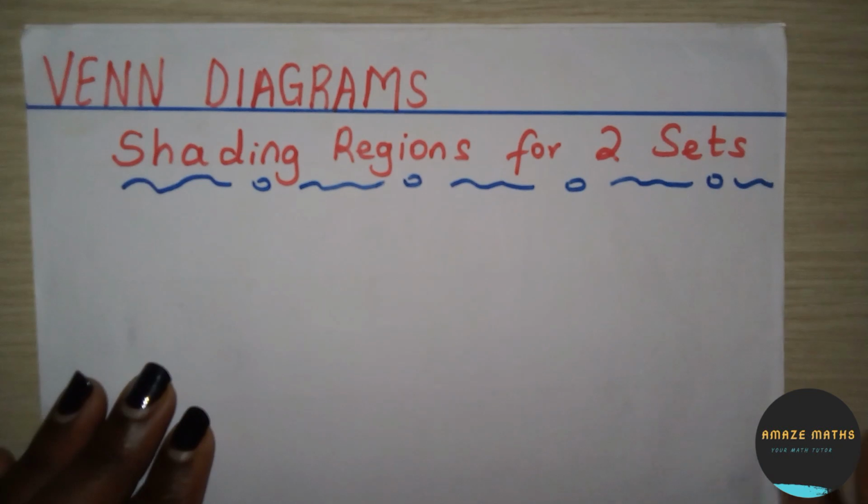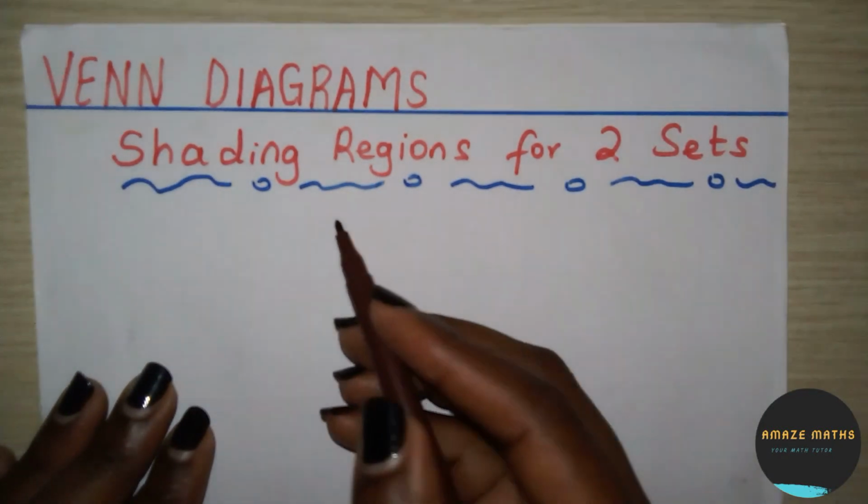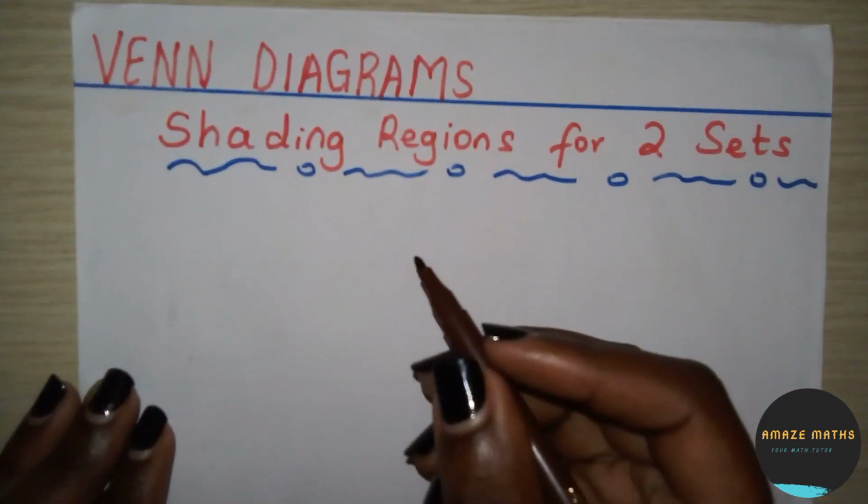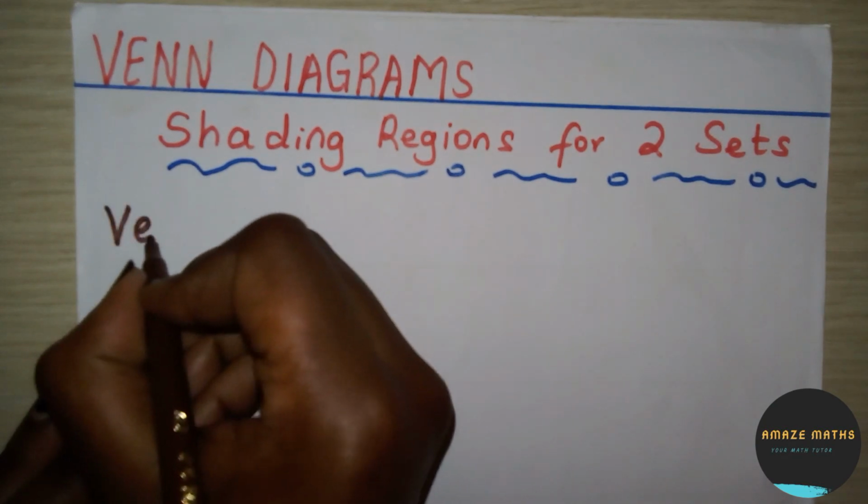So today we'll start with the Venn diagram, and before we do the shading of the two sets, we're going to define what is a Venn diagram.